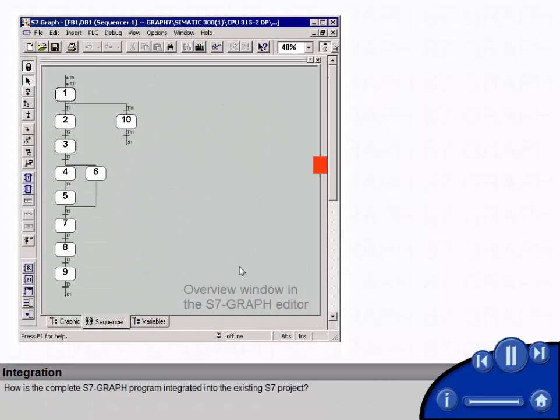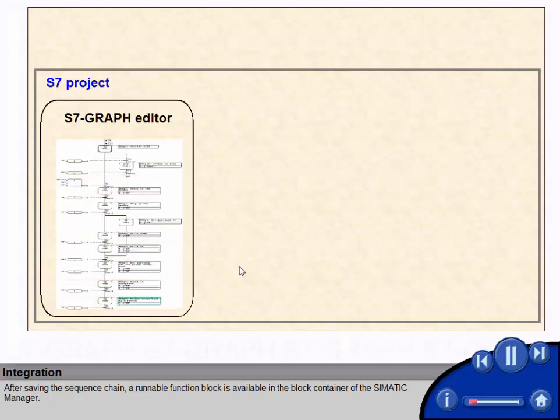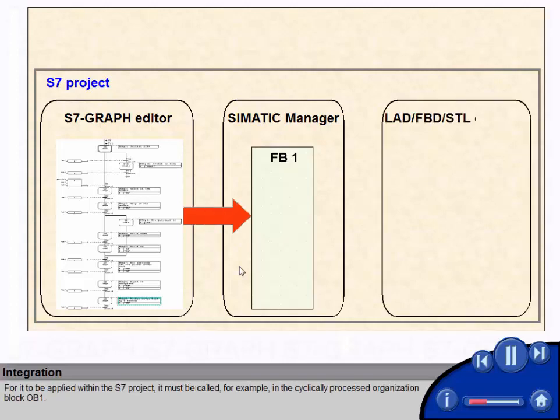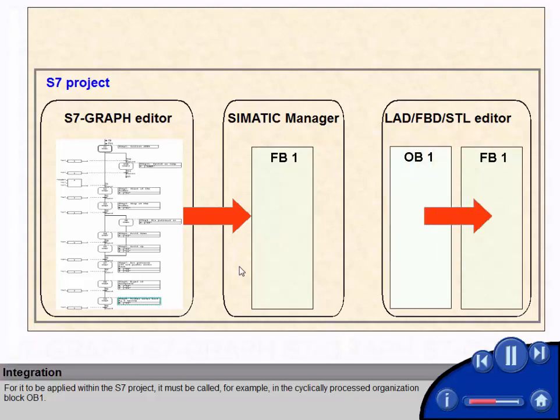How is the complete S7 graph program integrated into the existing S7 project? After saving the sequence chain, a runnable function block is available in the block container of the Semantic Manager. For it to be applied within the S7 project, it must be called, for example, in the cyclically processed organization block OB1.